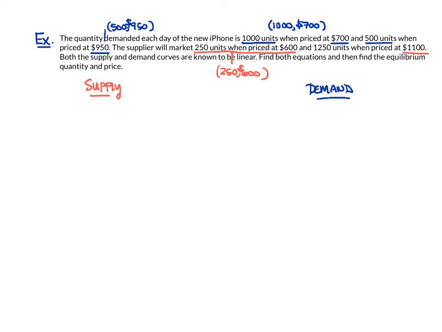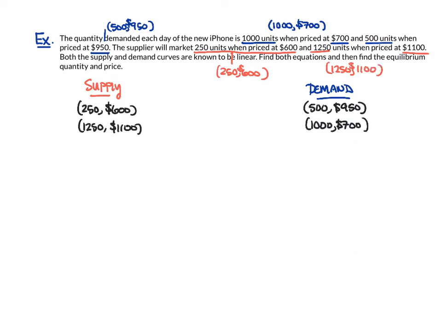And then they want to sell 1,250 units when priced at $1,100. So you'll have another ordered pair given here. I'm going to pause the video and write this under each category. So we have 2 ordered pairs for supply, 2 ordered pairs for demand, and now I want to find an equation.